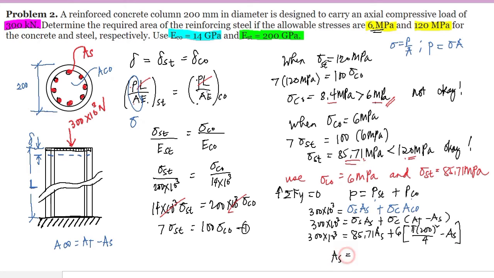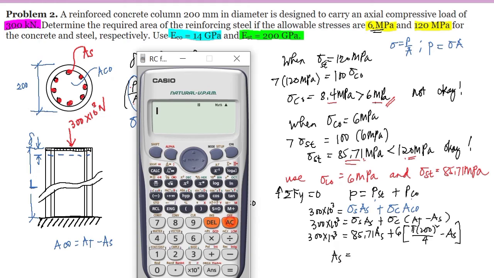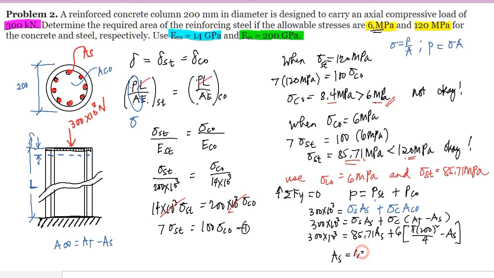Computing for the area of the steel, we have 300 times 10 to the 3 equals 85.71 area of steel plus 6 times pi times 200 squared over 4 minus area of steel, and that would give us 1398.88 mm squared, and this is our answer.